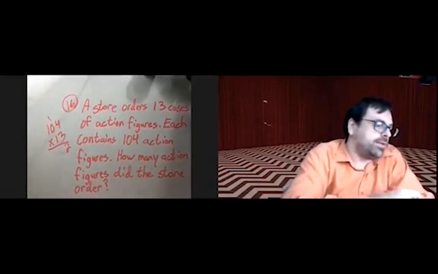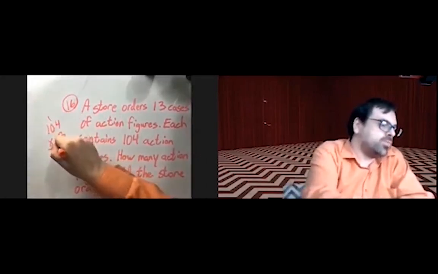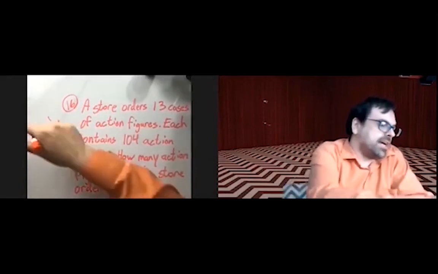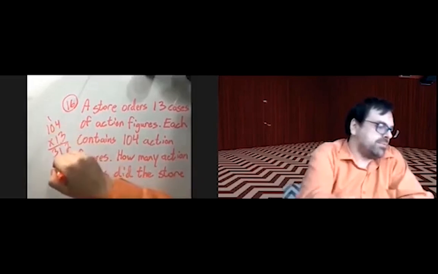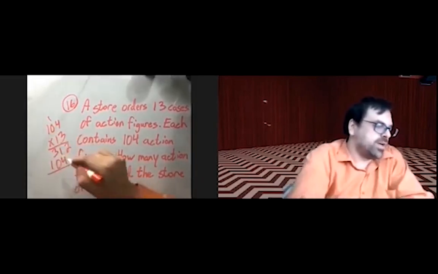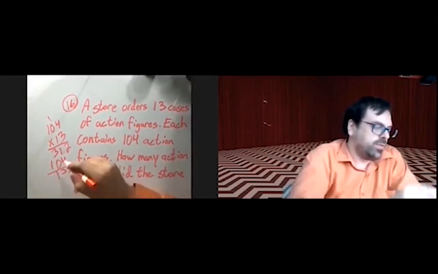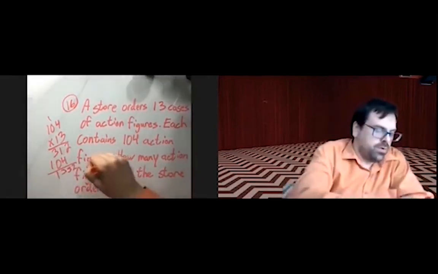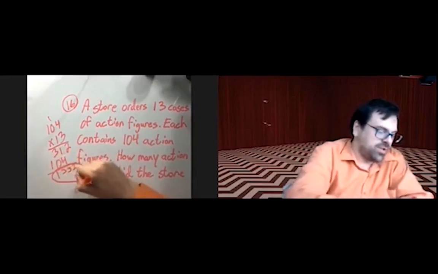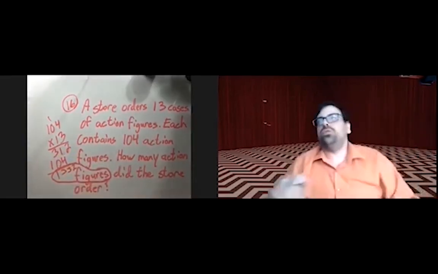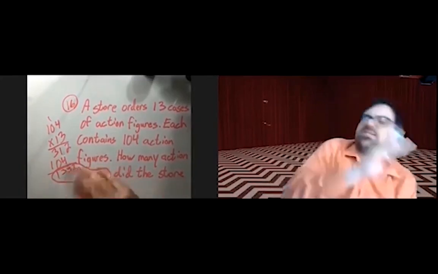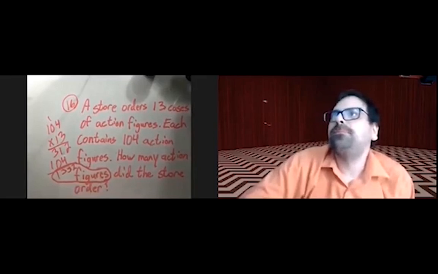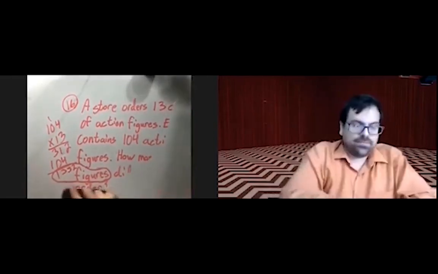Carry the 1. 3 times 0 is 0 plus 1 is 1. 3 times 1 is 3. 1 times 4 is 4. 1 times 0 is 0. 1 times 1 is 1. 2, 5, 3, 1. 1,352 action figures. That just happened to be right there, so I just circled figures. But it's multiplication.